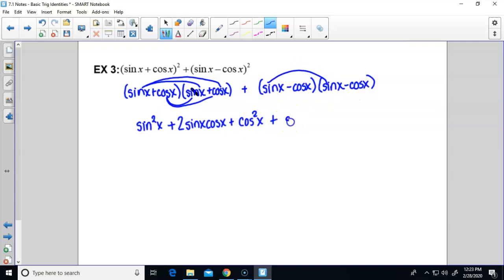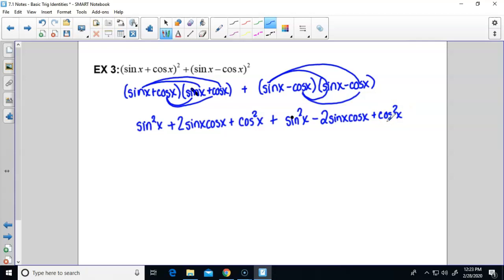Sine x times sine x is sine squared x. Here you'll get a negative sine x cosine x. And in the middle, you'll get another negative sine x cosine x. So that's going to give us minus 2 sine x cosine x. And then the last part, cosine x times cosine x, is going to give you plus cosine squared x.